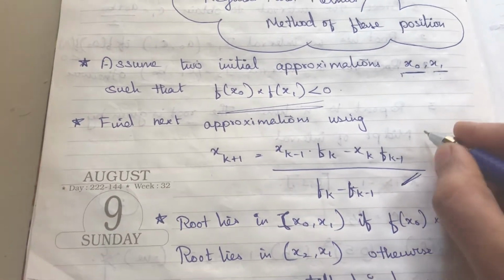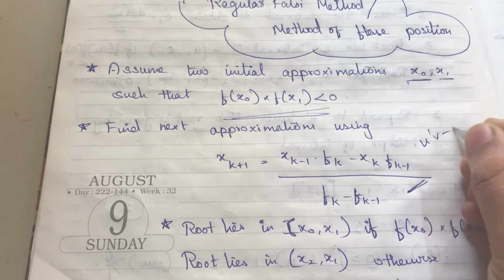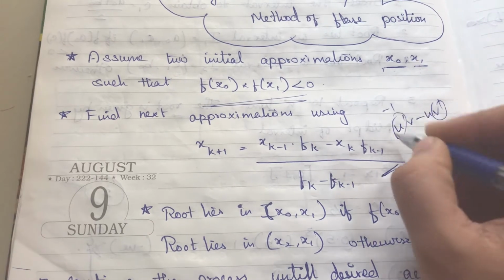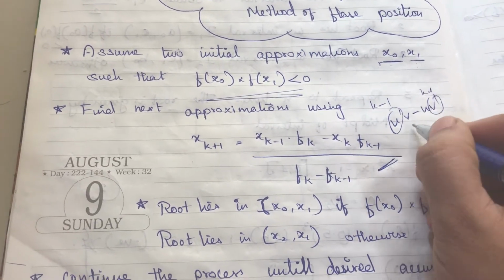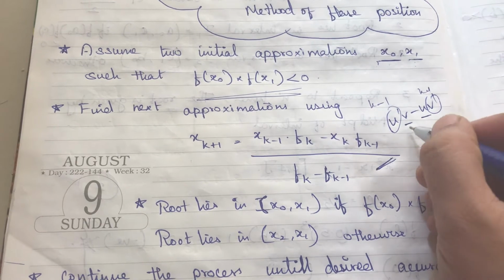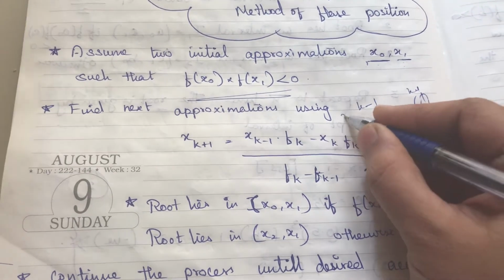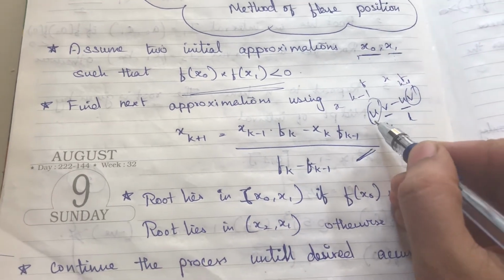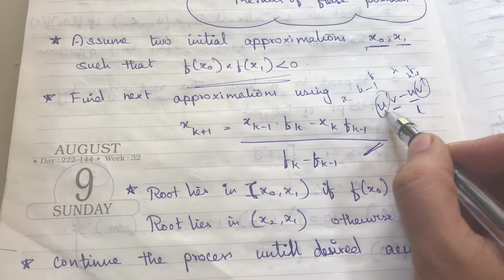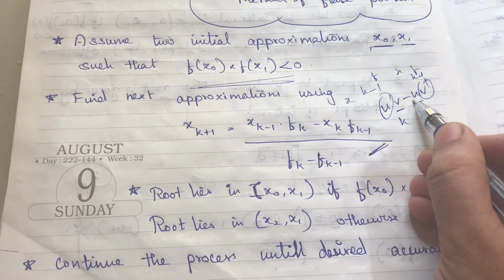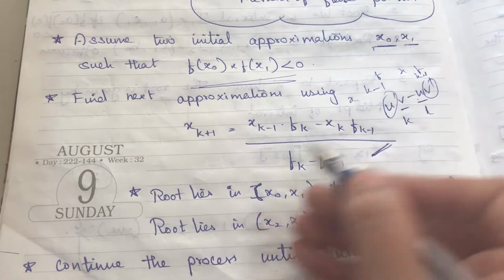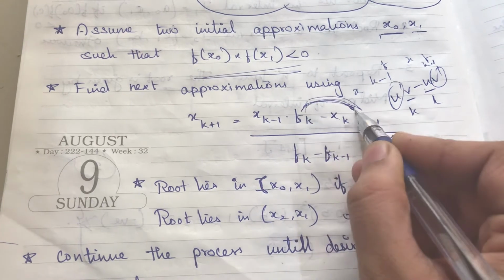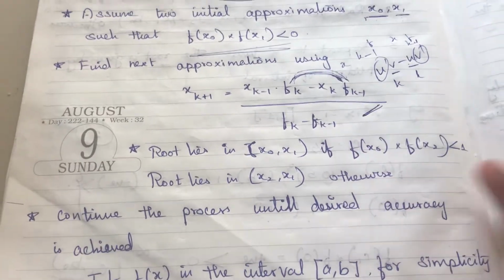Actually this seems like u dash v minus u v dash. So in terms of the dash we need the negative form, like k minus 1. In terms of a single term it will be a positive one, like k. You can easily remember it like this, and lastly just subtract the two functions and you will get the form.